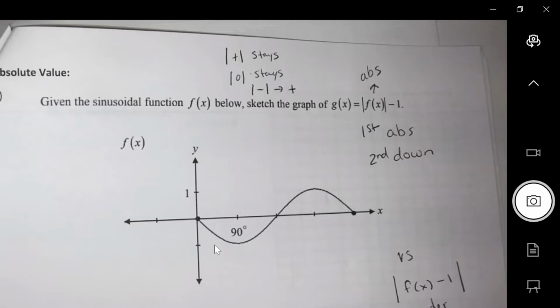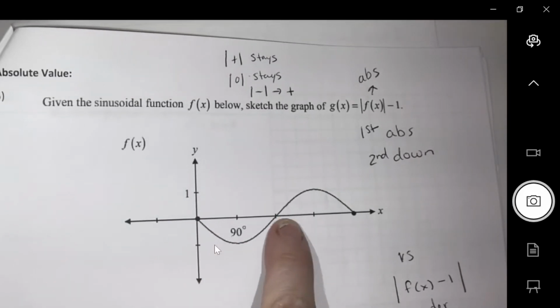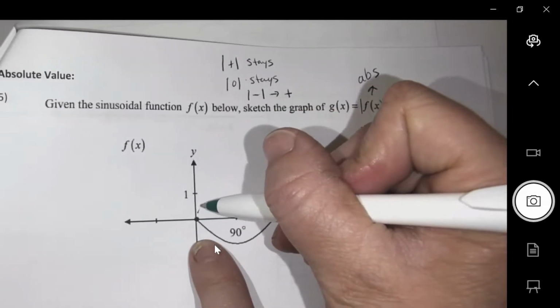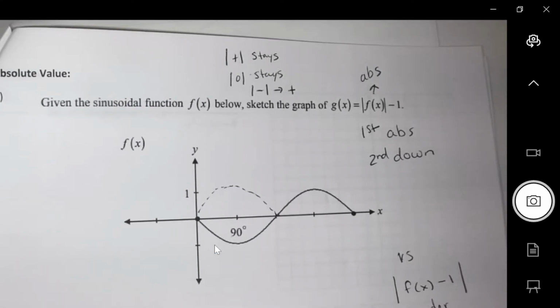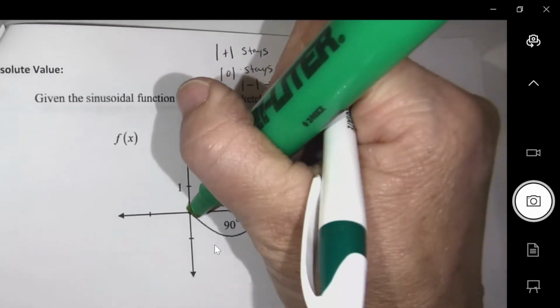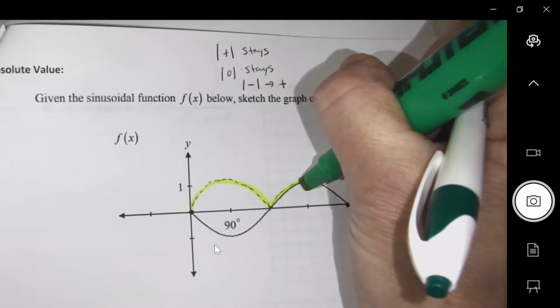Ready? I'm going to absolute this. So this first part here is negative. So I'm going to change it to positive. And then this part would stay.